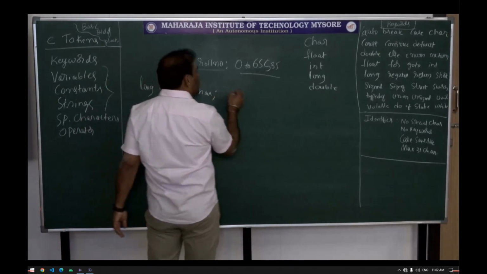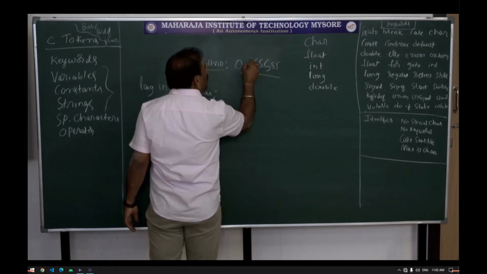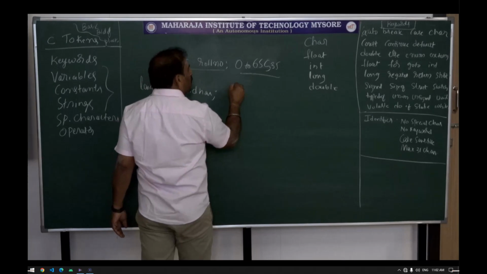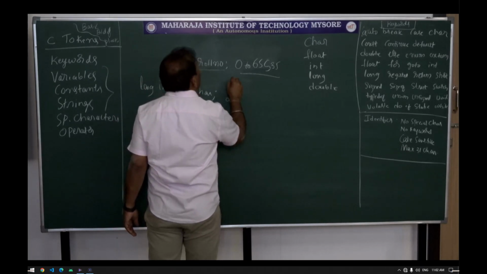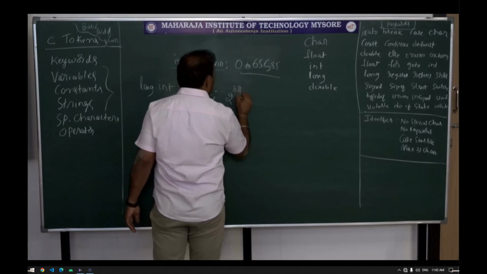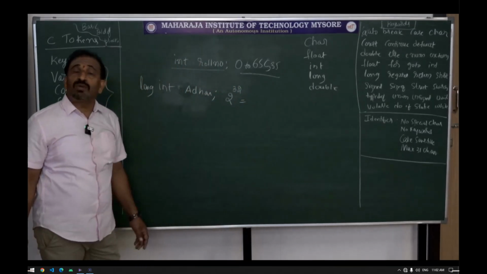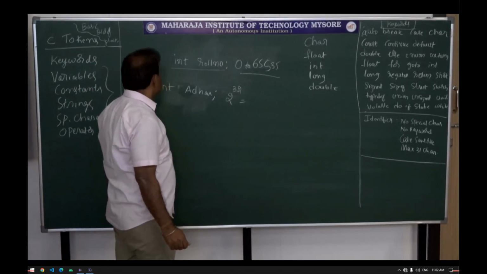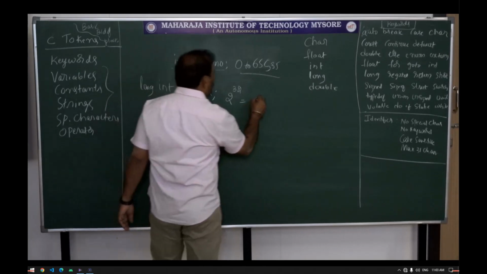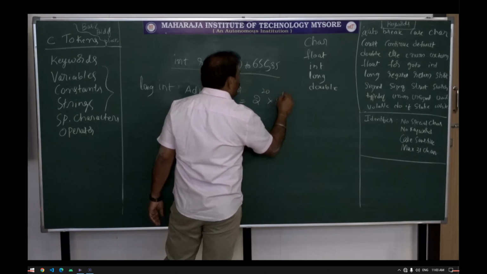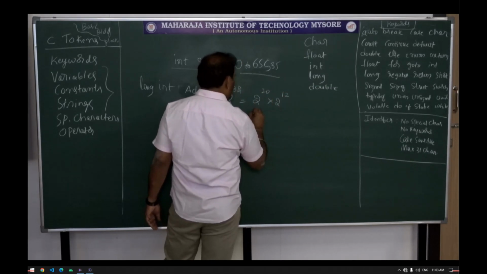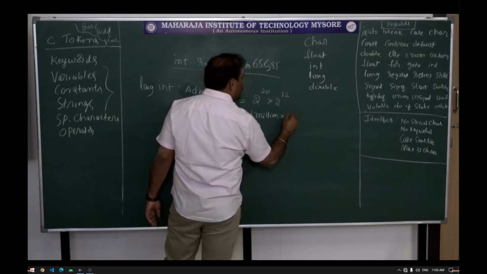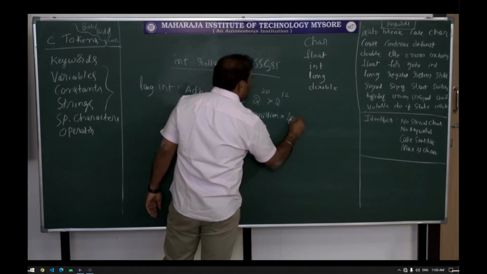It means now it is taking 4 bytes, that is 32 bits. It can take up to 2 power 32 numbers. 2 power 32 means 2 power 20 into 2 power 12. 2 power 20 is 1 million. 2 power 12 is 4096.